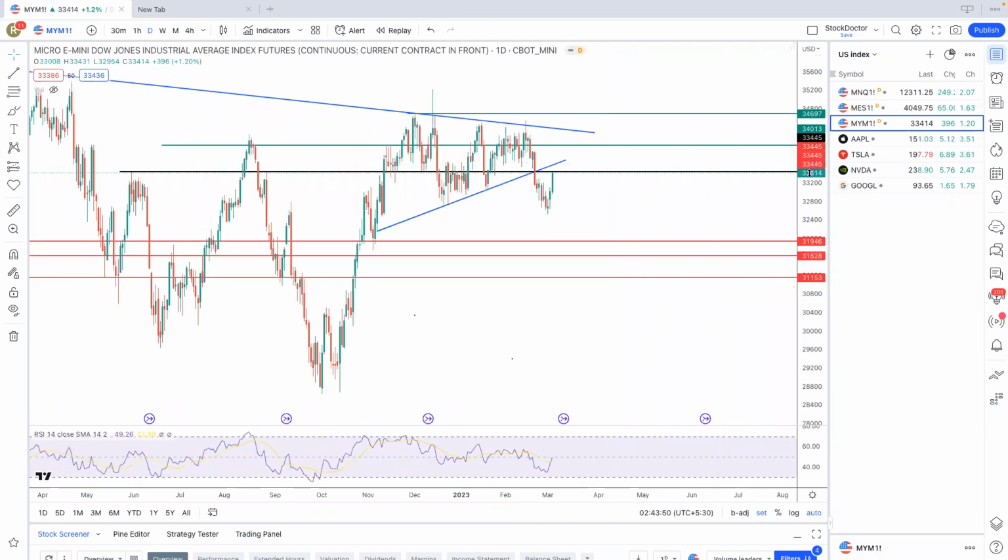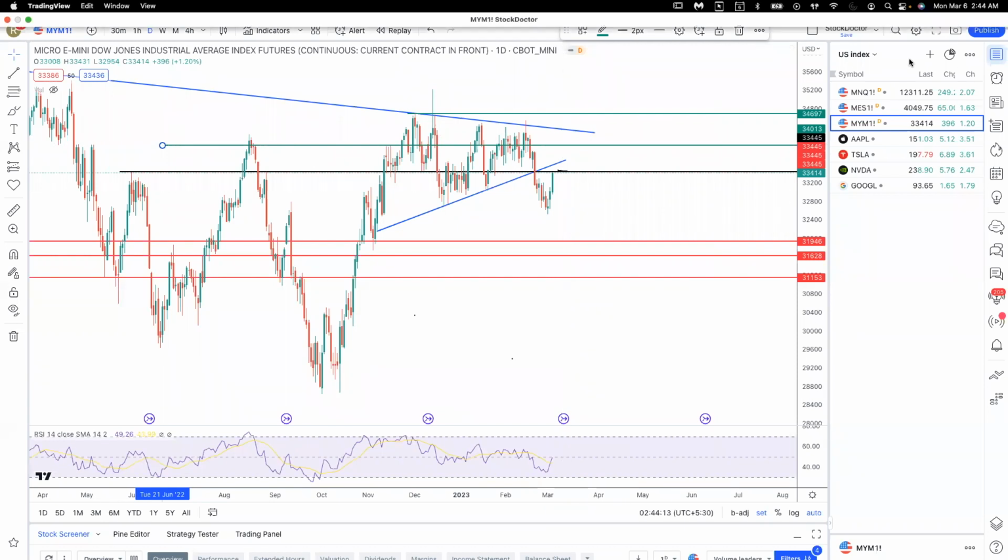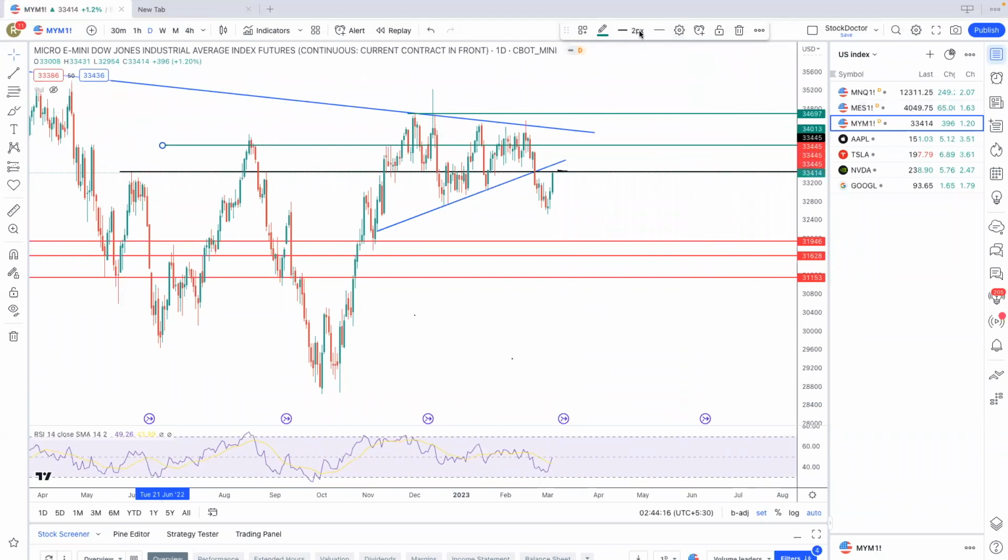Okay, so if Dow Jones starts trading above 33400, then the first target it is showing is around 3400. Yes, first target is showing around 3400, and second target it is showing around 34700.